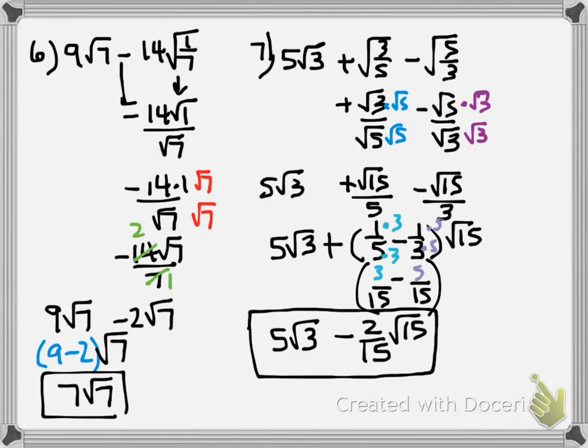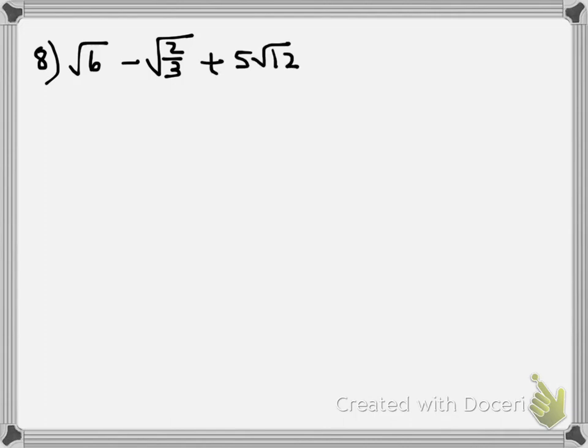All right, we got one more. So you're going to be working hard tonight. We have radical 6 minus radical 2/3 plus 5 radical 12. So right now, nothing looks good. Not one single bit of it.